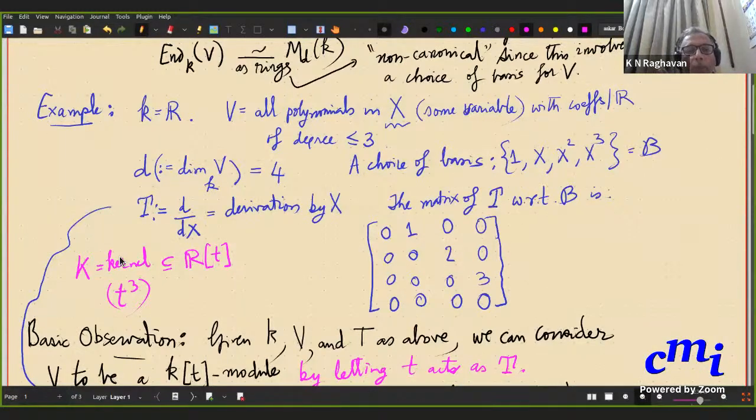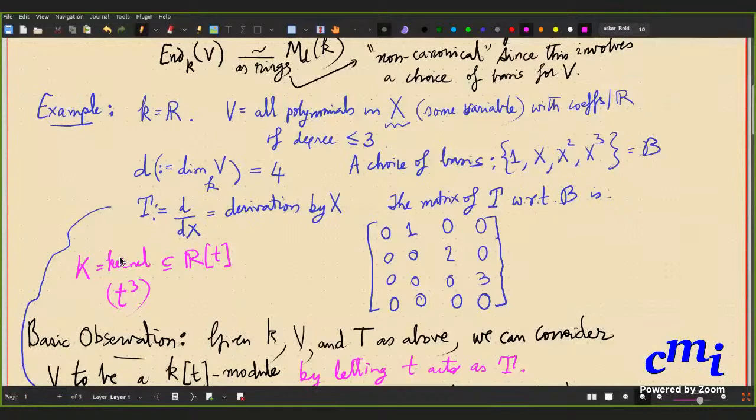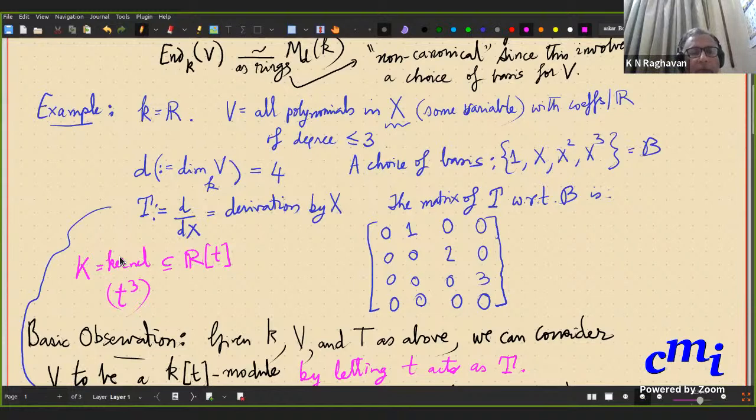If I see any polynomial in R adjoined T, if it has some term which involves just T or T squared, so it must act as 0 on even 1, right? The fact that this is in the kernel means it acts as 0 on everything.